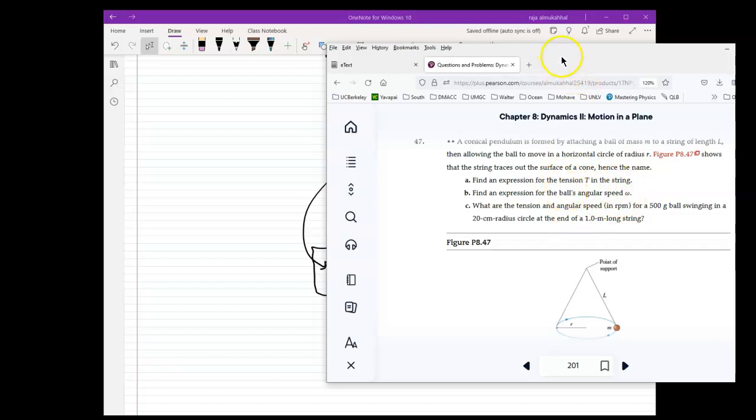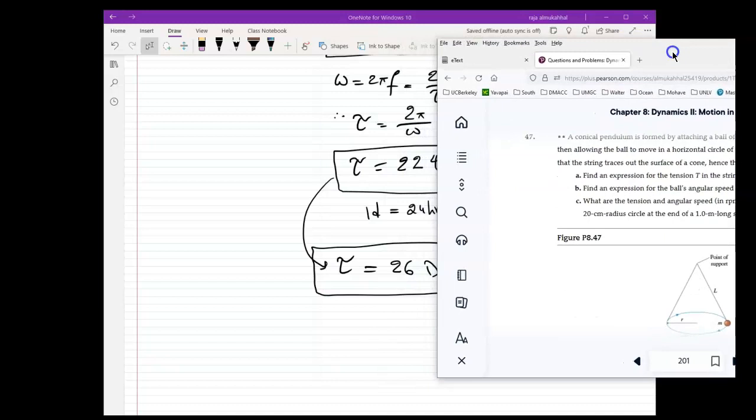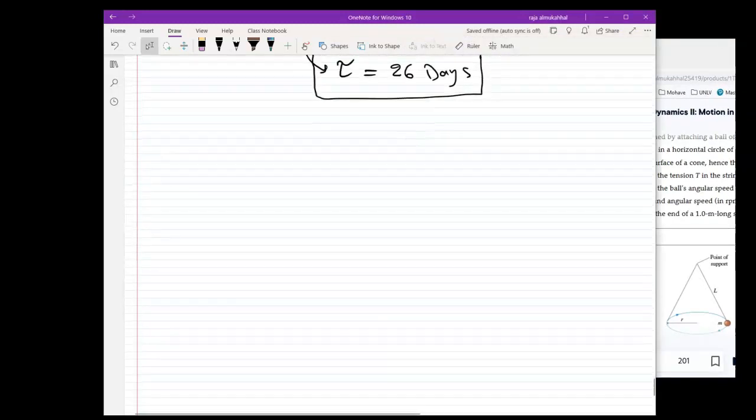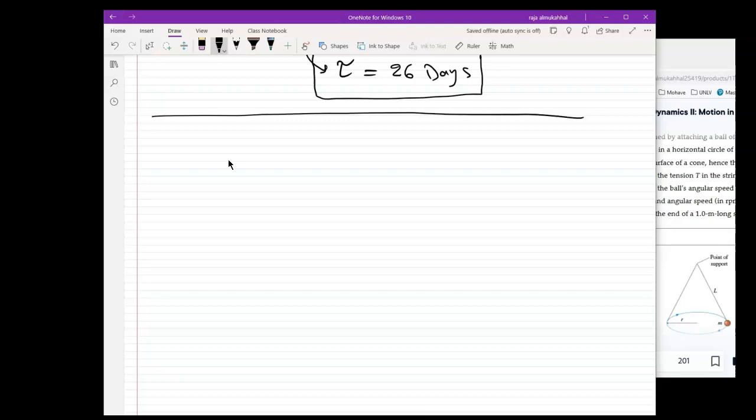So how do we do this problem? Well, let's see. I'm going to put this on the side so you can see it. Okay, so the picture looks something like this. Let me draw it. Start with a circle, kind of hard to draw.